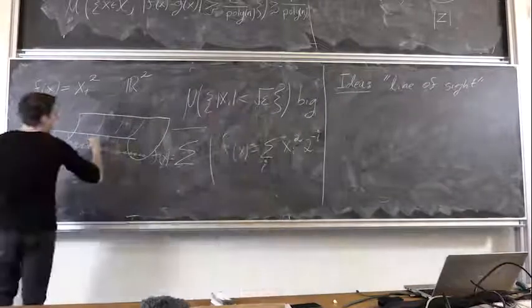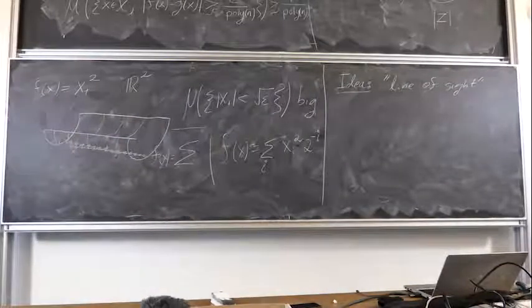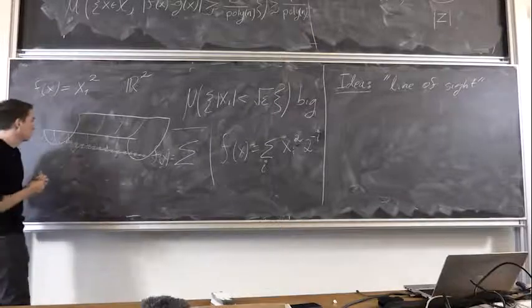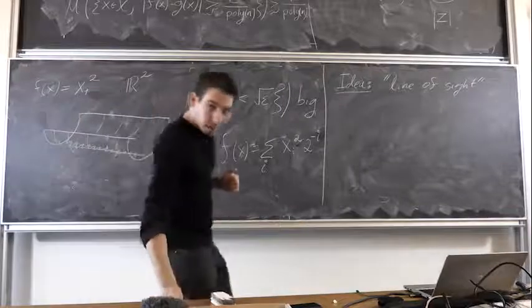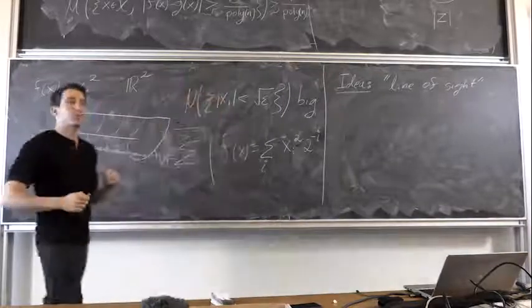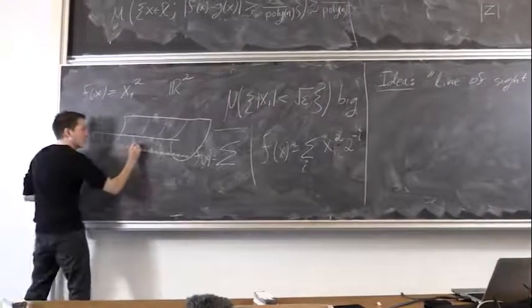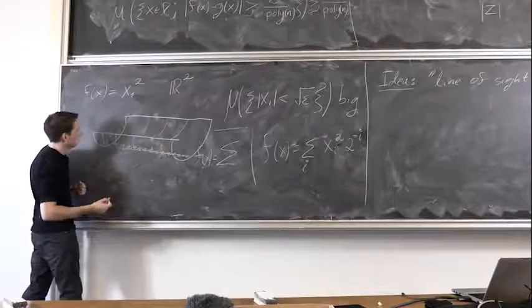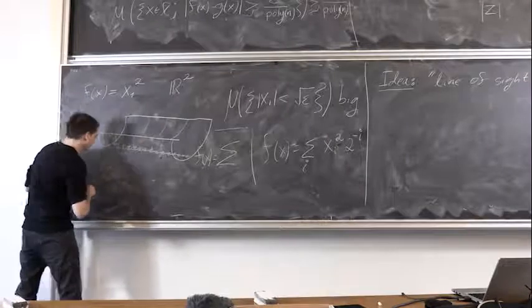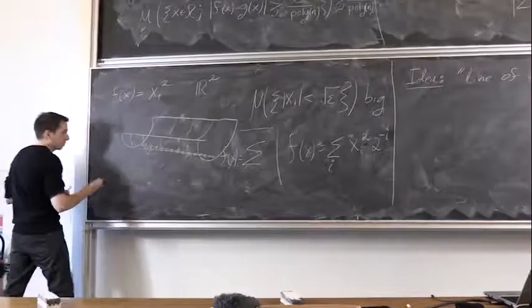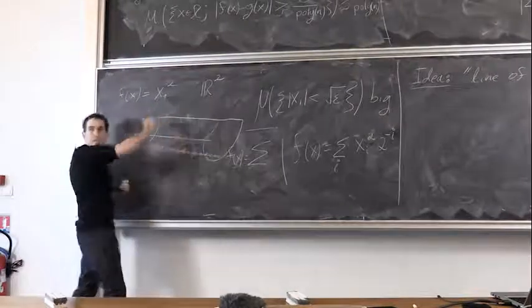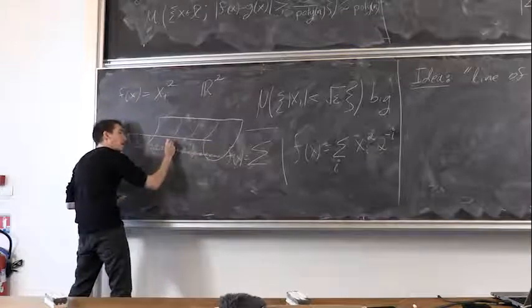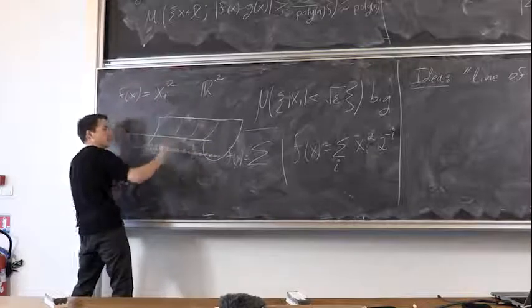I want to go back to this example, and let's suppose that I take the measure mu to be a measure which is, well, how do I draw it? I'll try to draw it here. Let's take this surface and draw a little circle on this surface.